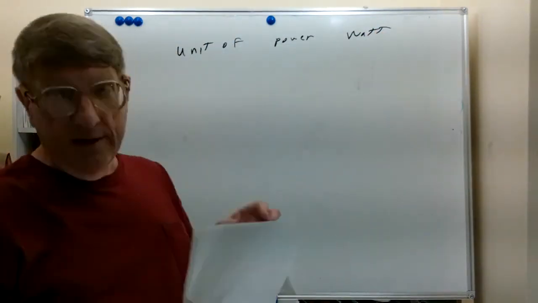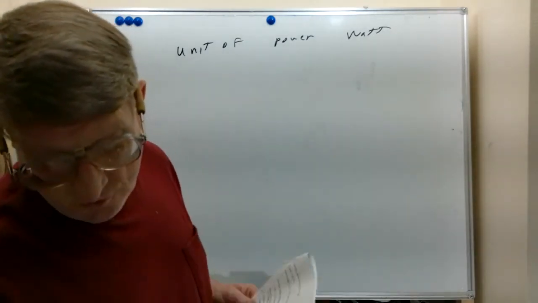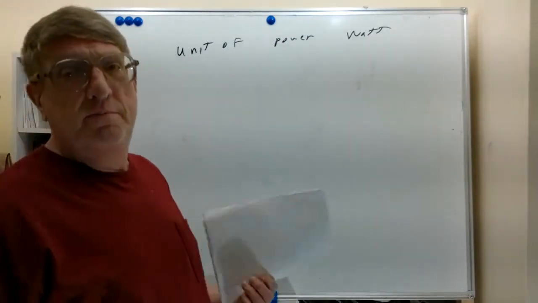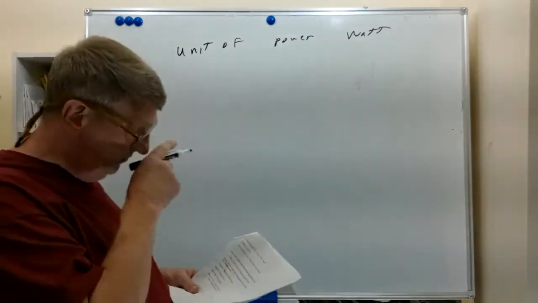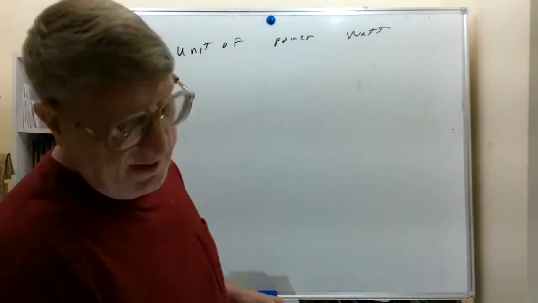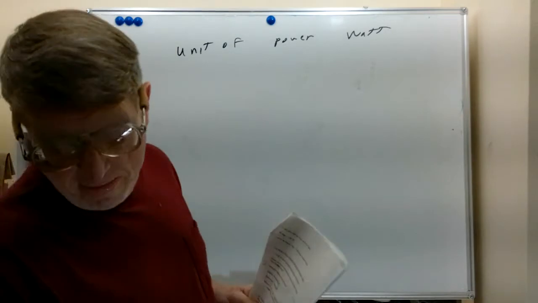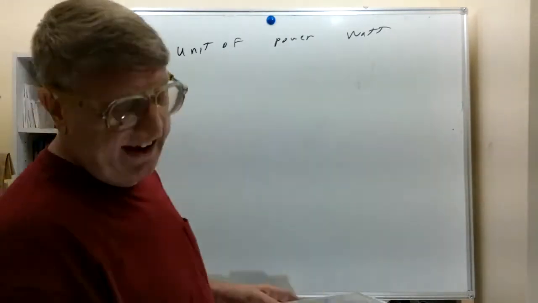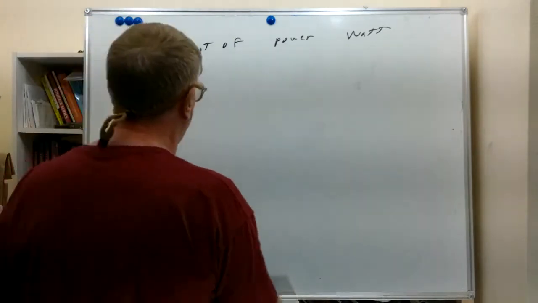A watt was named after James Watt, who was another one of our electrical pioneers. A watt of power equals the amount of work done in 1 second by 1 volt of potential difference in moving 1 coulomb of charge.